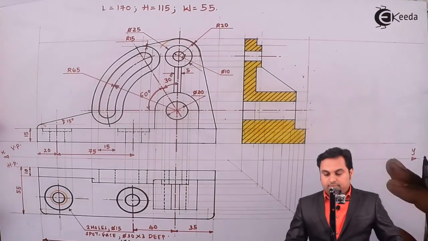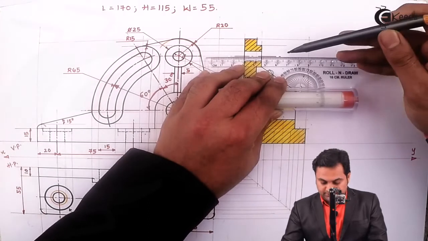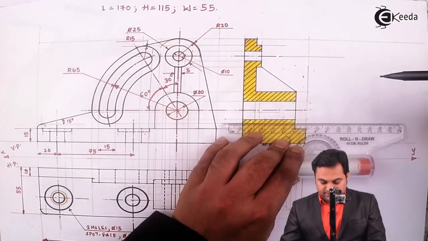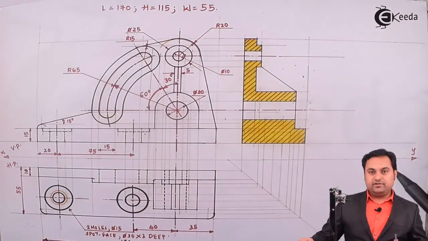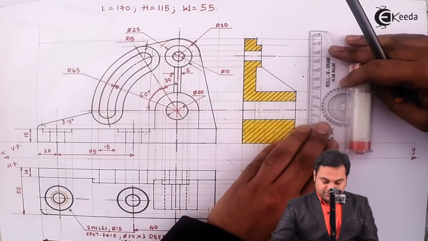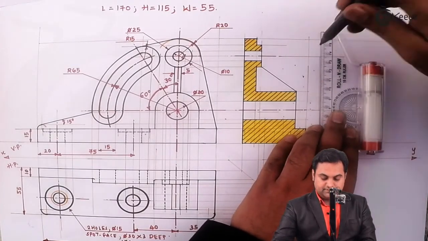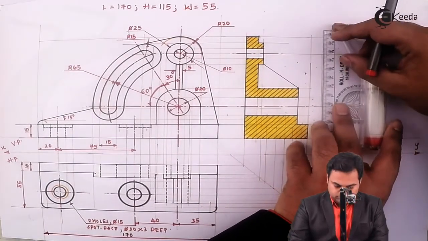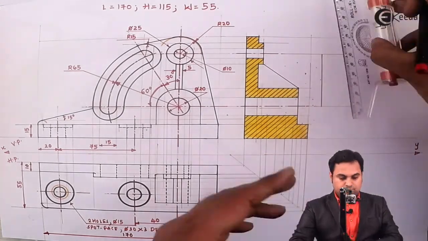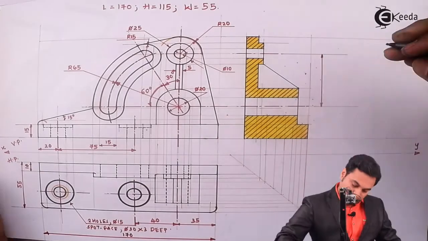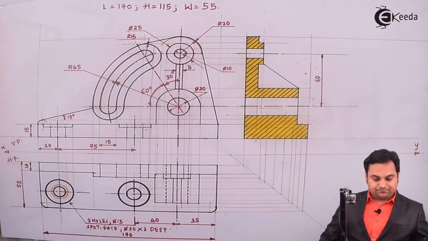Then coming to the side view, first I'll mark the center to center height. This I could have even marked in the front view, but here maximum dimensions have been given, so some of the dimensions I will keep for the side view. So marking this center to center distance first. Center to center distance is 60 mm.